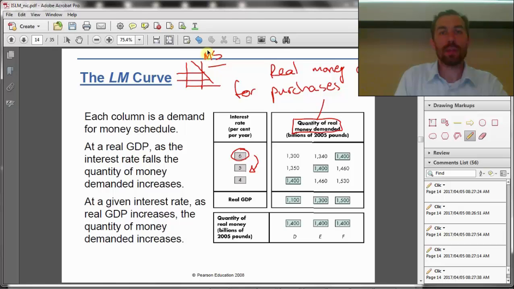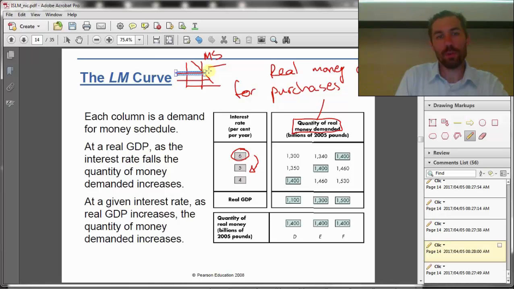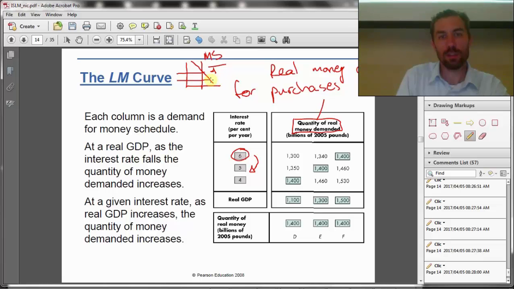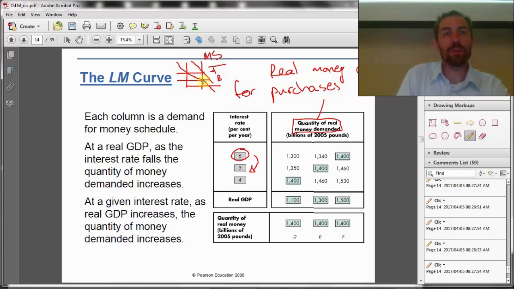But if our money supply is remaining unchanged, we move from our initial point of equilibrium, call it point A, down to this second point B on our money demand curve. The problem with point B is it's not a point of equilibrium. Our point of equilibrium would be at point C.